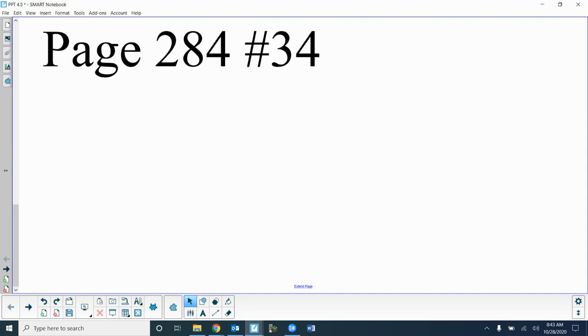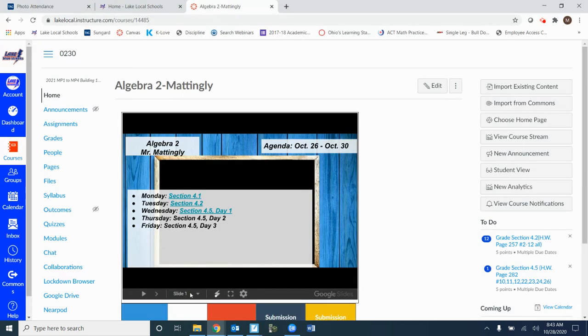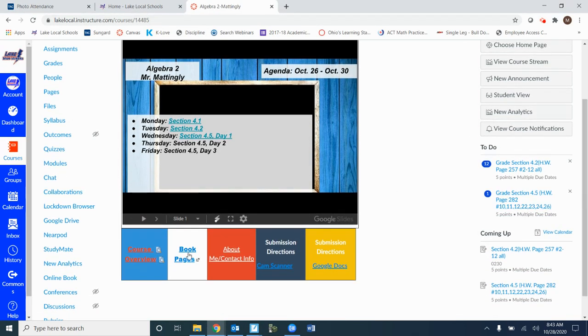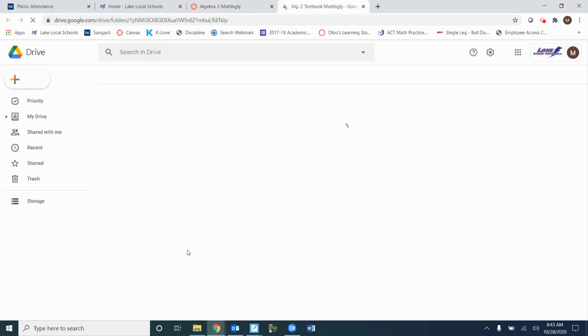All right, so page 284, number 38 is the type of problem we're going to do now. Okay? So, let's see if I can find it. If I go to my home page and go down to book pages, I should be able to pop it up there.